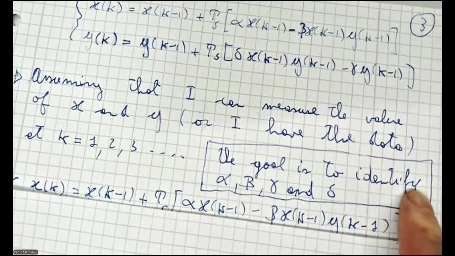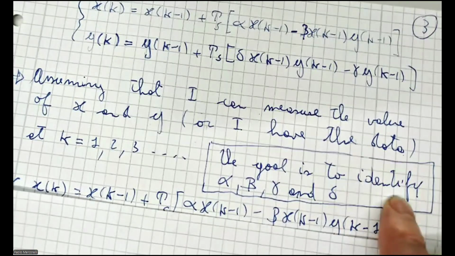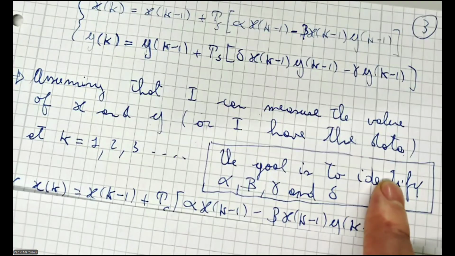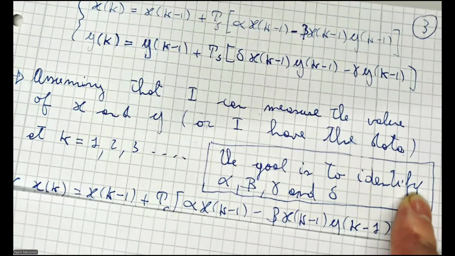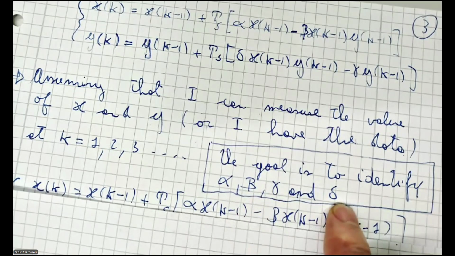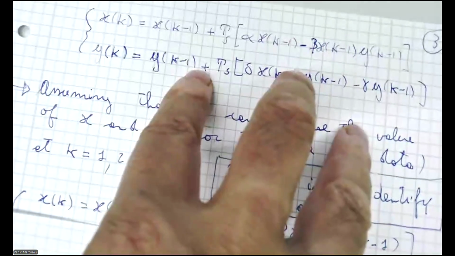Estimation is used as a synonym for identify. Identify is more general. With estimation, we typically consider an optimal identification of alpha, beta, gamma, delta. As today or last time, when the goal was to estimate or to identify x1, x2, and x3. Of course, here the system is more complex, but PSO can nevertheless be applied.